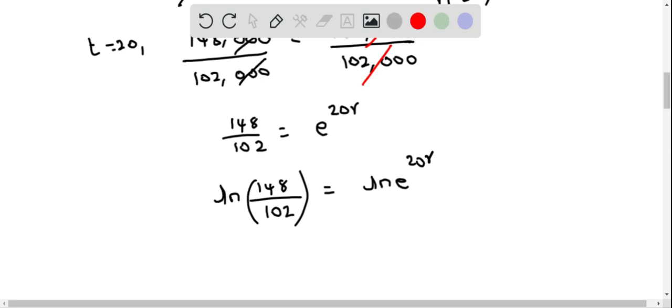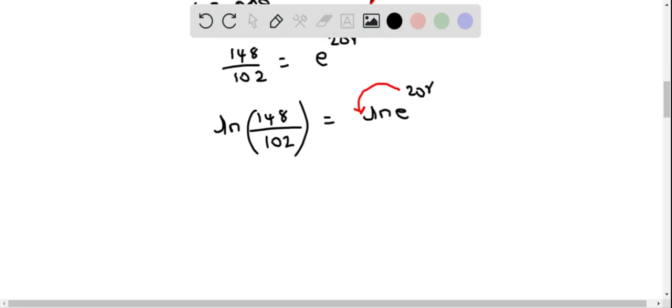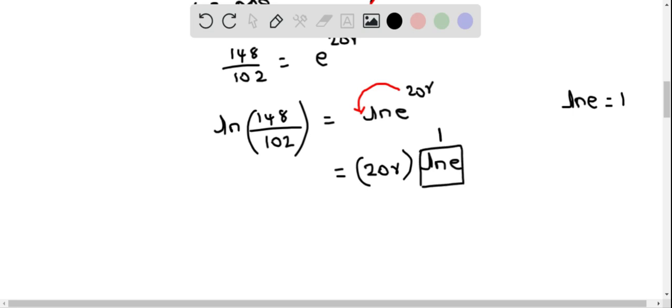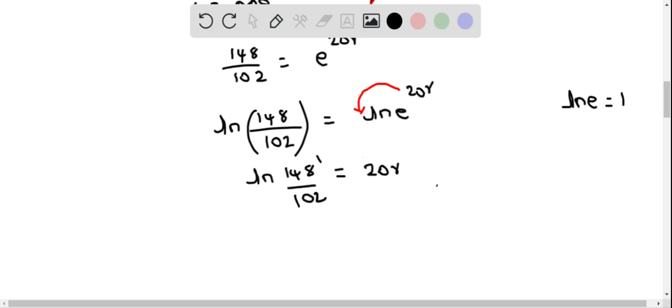Now, using the properties of natural logarithm, this comes in front. So basically, the right side expression equals 20r times natural logarithm of e. Natural logarithm of e, its value is 1. So just replace this quantity by 1. So therefore, 20r times 1 equals 20r. So on the right side, we have only 20r, and on the left side, we have natural logarithm of 148 over 102.